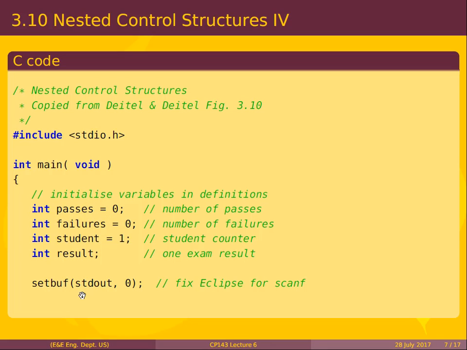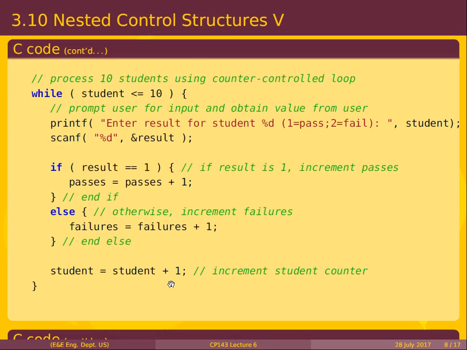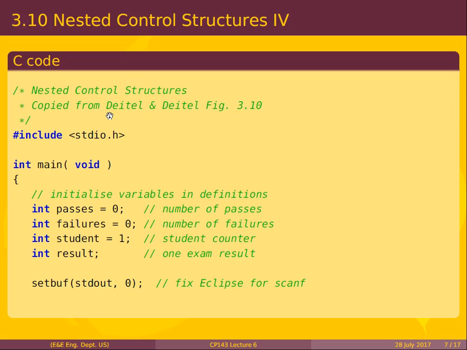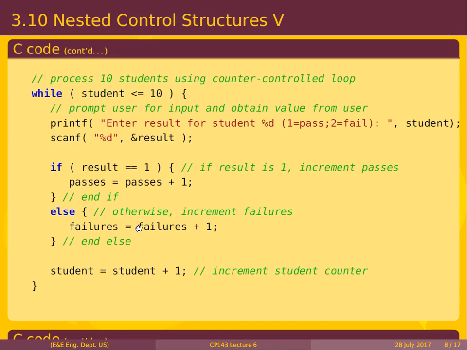And here we start our while loop. So again, we test, is the number of students less than or equal to 10? If it's not, which it won't be at the onset, because I said that the number of students is 1 in the beginning. 1 is less than or equal to 10, so we start with our while loop over here. We're going to printf, enter the result for the student.